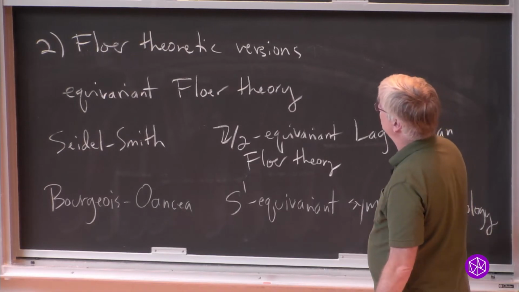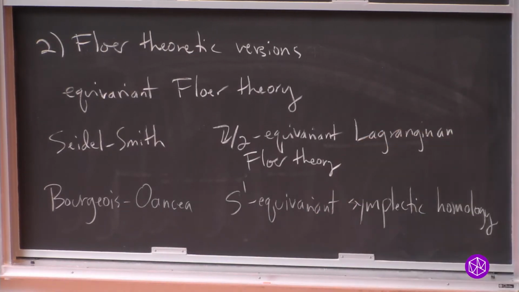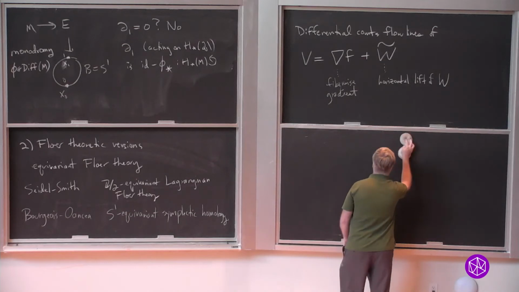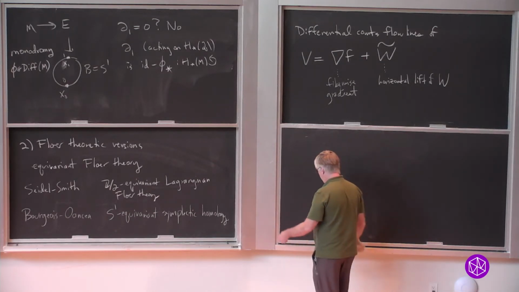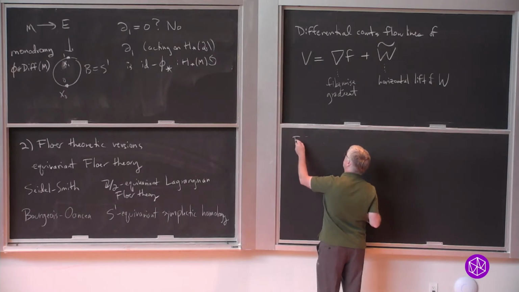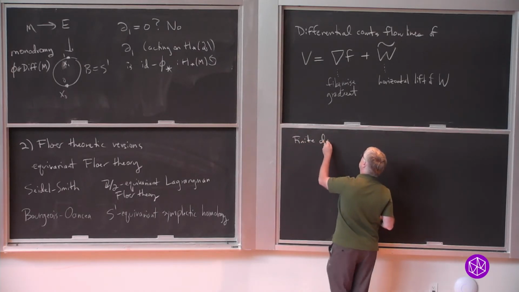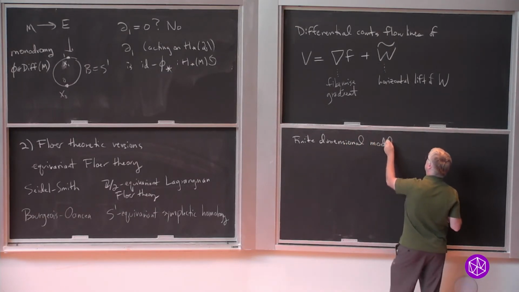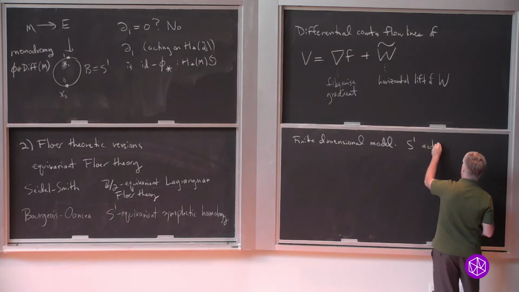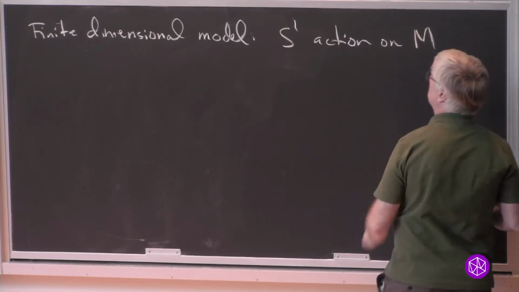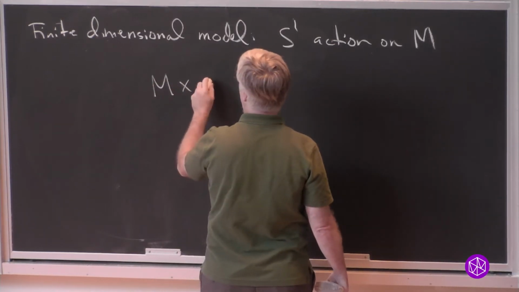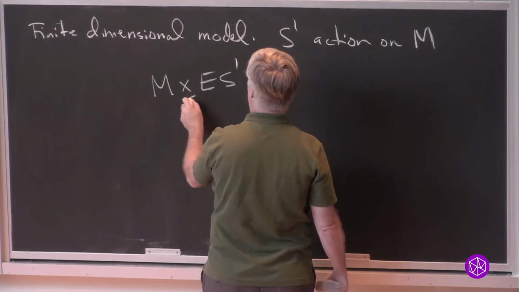I can just say briefly what this looks like. So first of all, in the finite dimensional model, if you have an S1 action on a smooth manifold M, then you can make the homotopy quotient. You take M cross ES1 modulo S1.